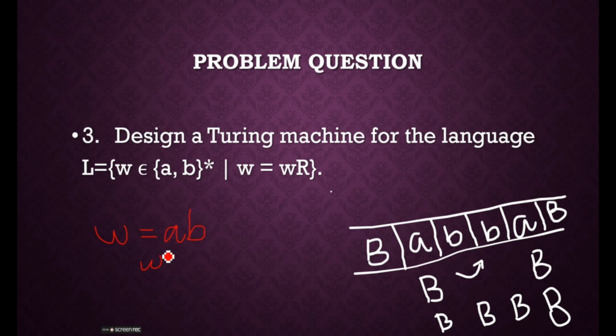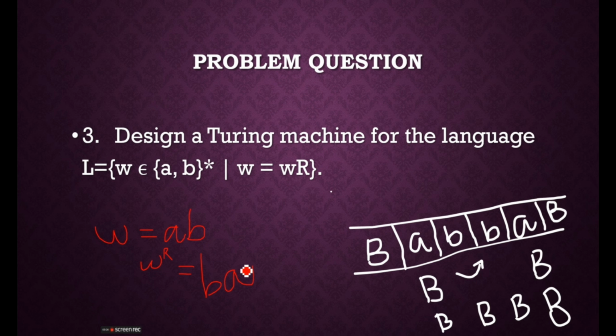If we reverse it, that is W power R, the string becomes BA. Here it says that W equals W power R, so the value for this W is its reverse only.